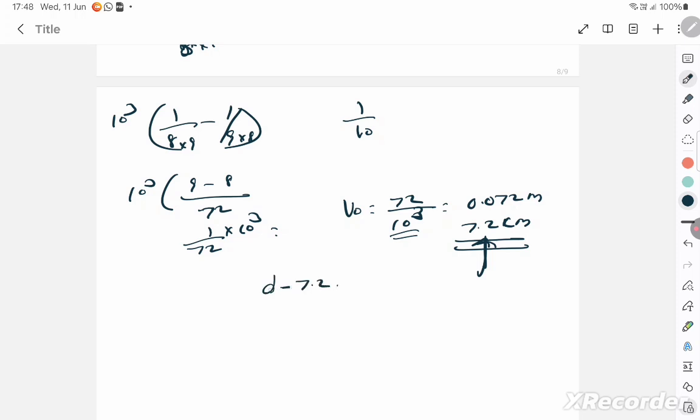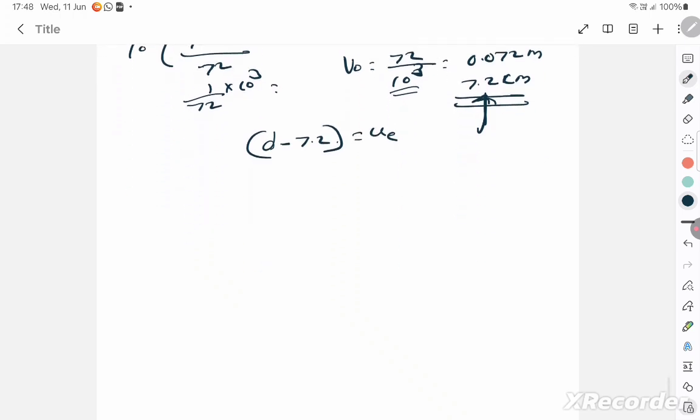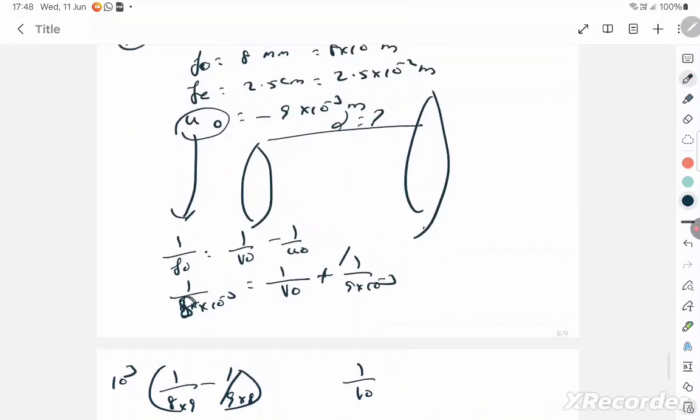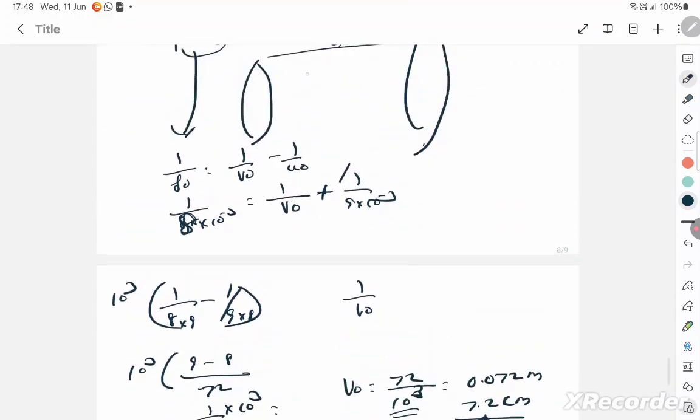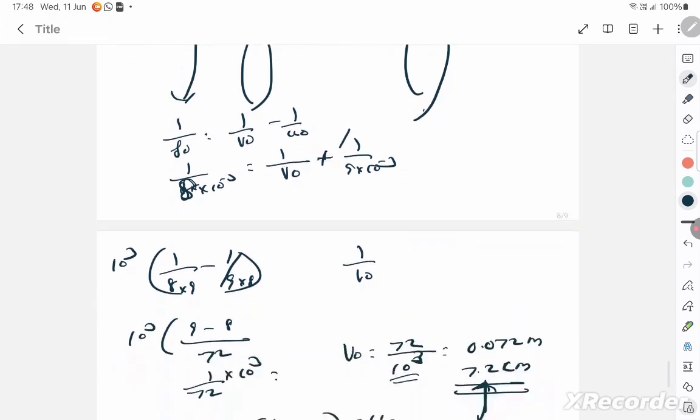D minus 7.2 will be my UE. I would think of the sum like that. Let's do it. Even if I go wrong, let's think of it like this, because it makes sense, right? So if you get your VO, d minus VO will give you your UE.